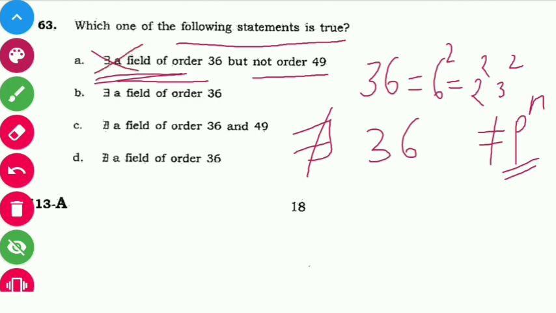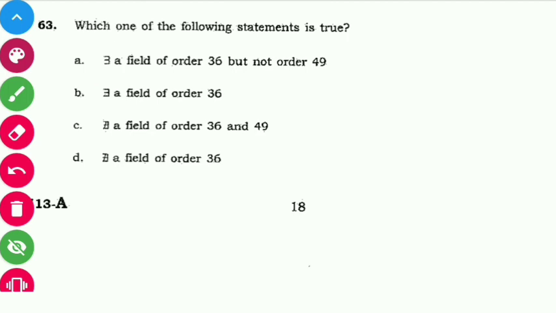Now second is there exists a field of order 36. अभी हमने देखा कि there does not exist, so this is also not true. Now let us look at third. So there does not exist a field of order 36. This is right. This symbol stands for there does not exist. But now let us look at this. There does not exist a field of order 36 as well as this 49.